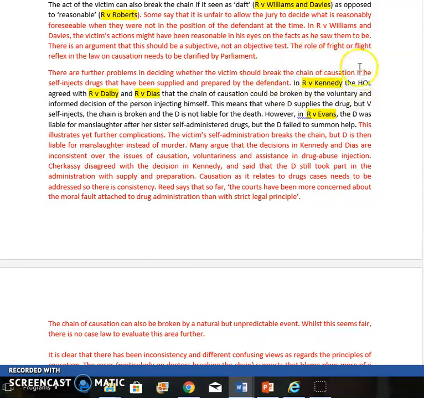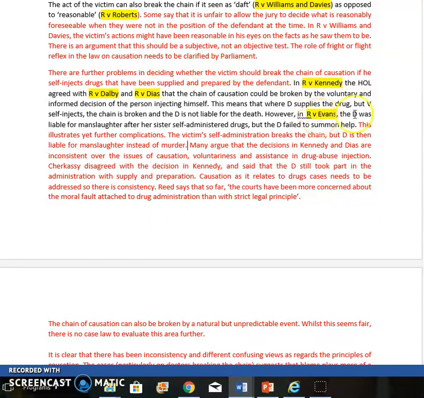So really important case of Kennedy confirmed earlier cases of Dolby and Diaz and said that in general, if a victim self-injects drugs, even though the defendant was wrong for giving him the drugs, that is a novus actus interveniens which breaks the chain of causation. The defendant's no longer liable because the victim has taken that voluntary choice to inject the drugs.